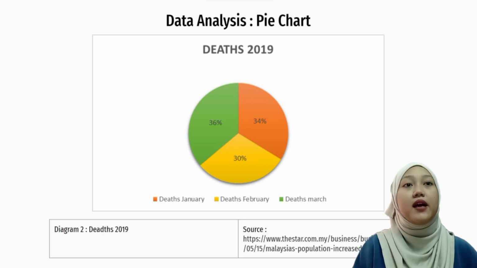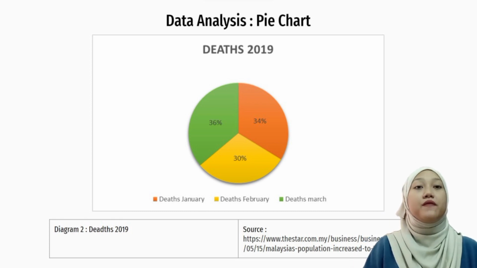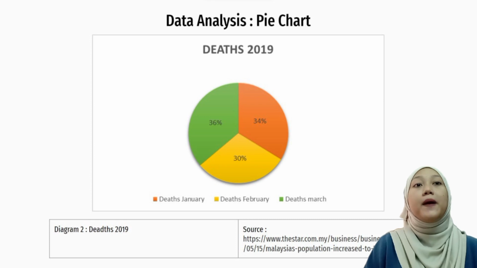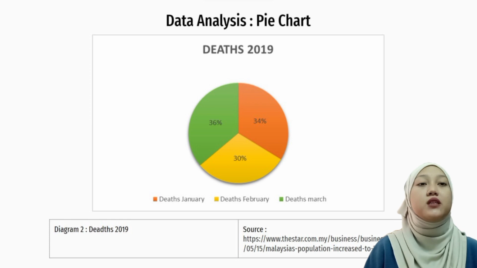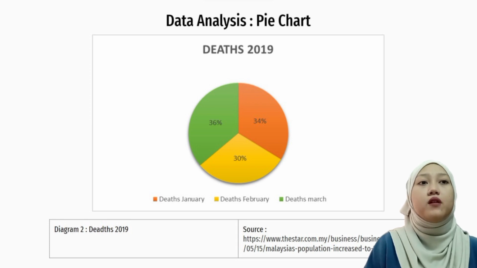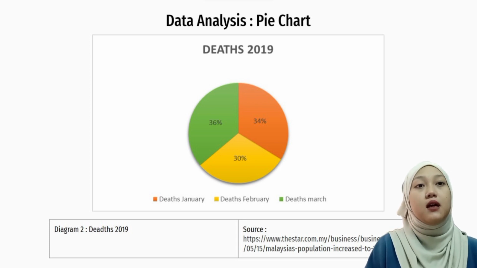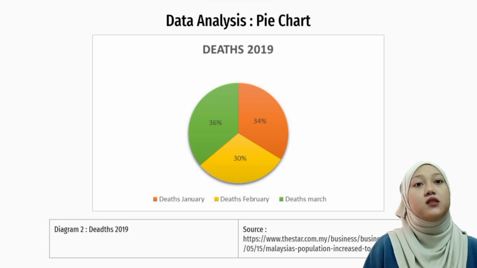Second, March had a higher percentage than both January and February, indicating a considerable rise in activity or occurrence that month. The conclusion of the pie chart is, the pie chart shows the distribution of events or data points over 3 months, while January and February have similar proportion. March has a significantly greater percentage. Overall, the figure shows a balanced distribution of events or data points throughout the first quarter of the year.